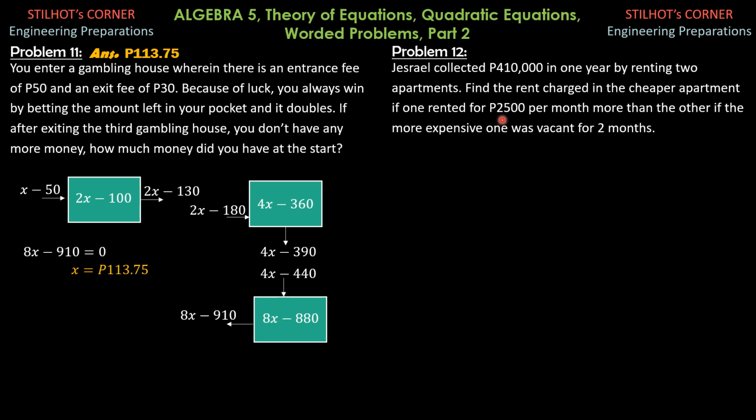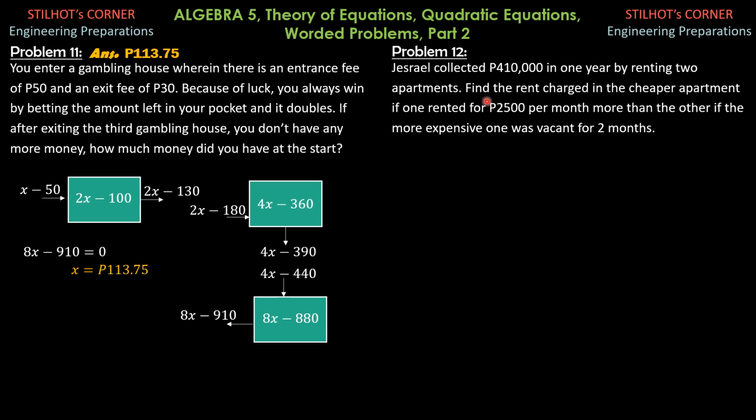The rental amount for the more expensive apartment is x plus 2,500 pesos per month, because x is the rent charged in the cheaper apartment. And the cheaper apartment was open for 12 months.